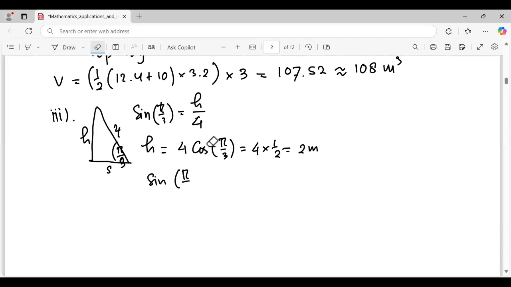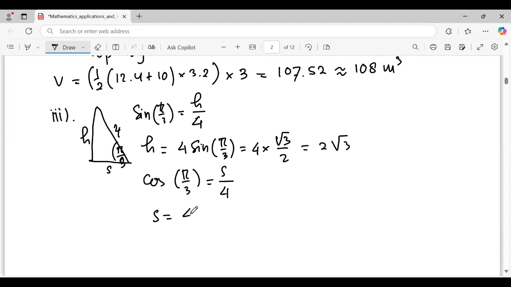Sine is h over 4. Sine pi third is root 3 over 2, so h is 2 square root 3. Cosine pi third is s over 4.